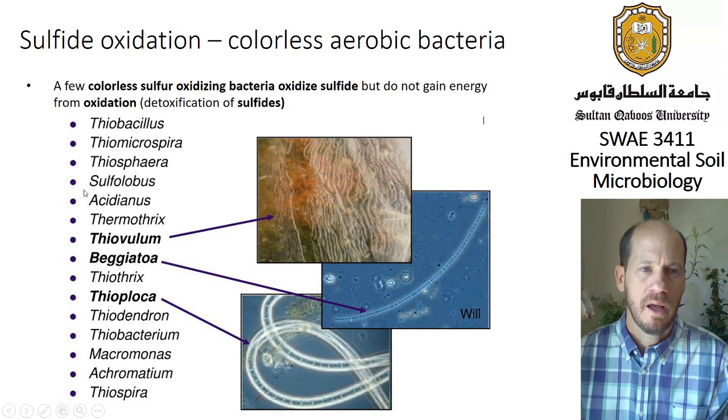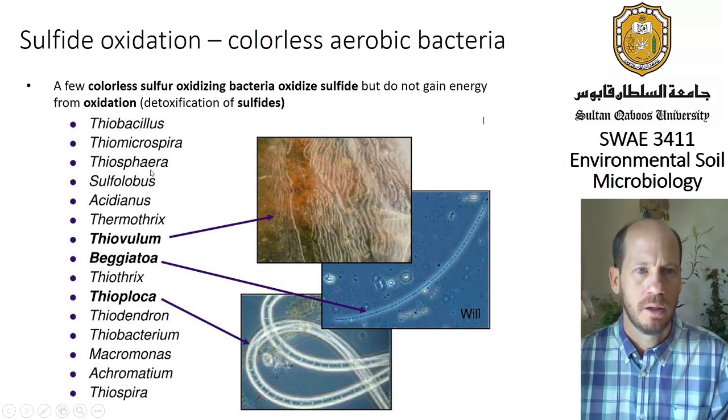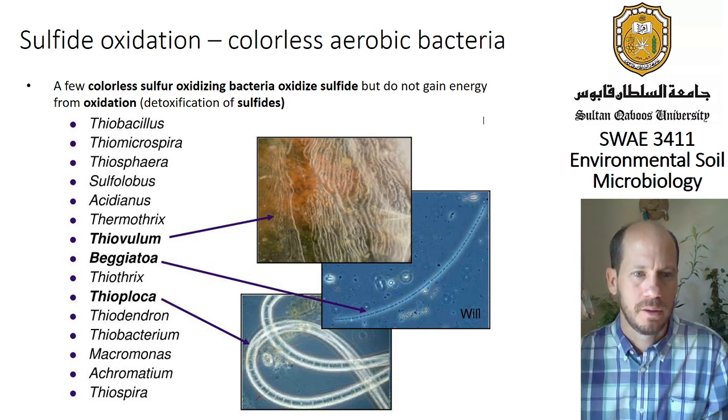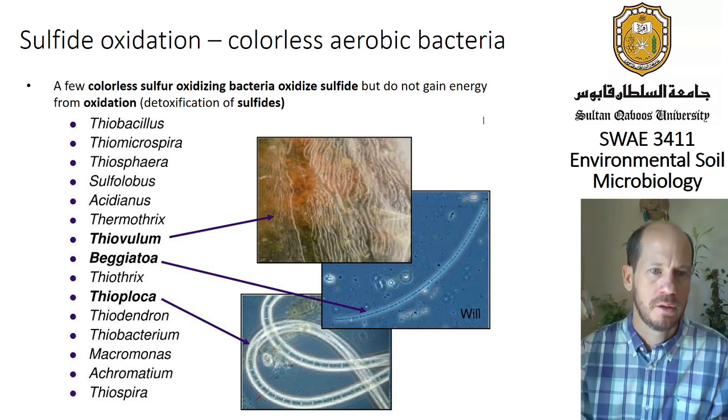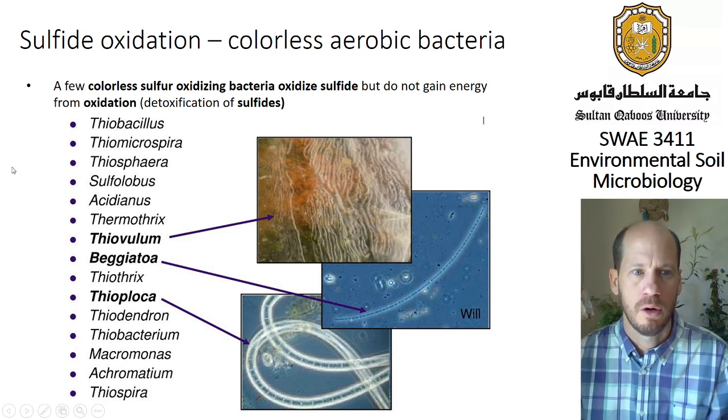So we have colorless aerobic bacteria that are causing sulfide oxidation processes, and these are some of the genera of microbes that are doing this, like, for example, Beggiatoa. They're very beautiful microbes to look at under the microscope, although they are colorless.